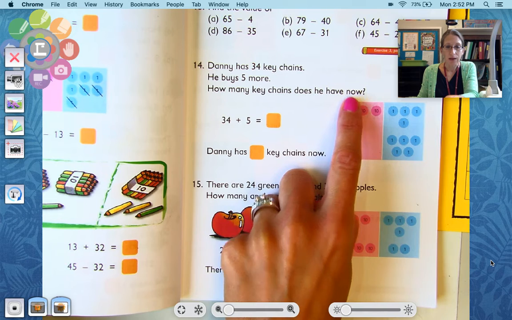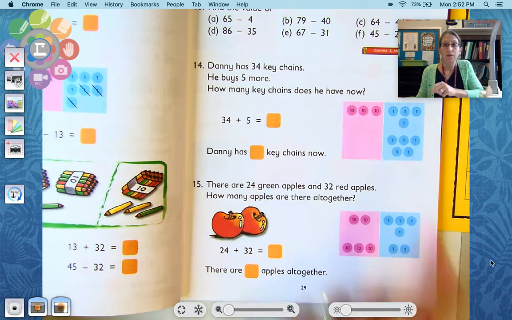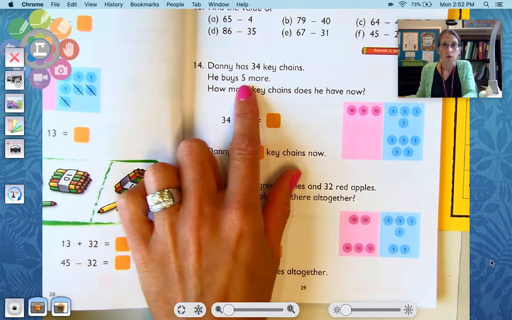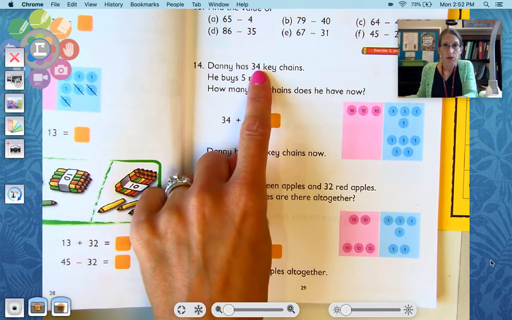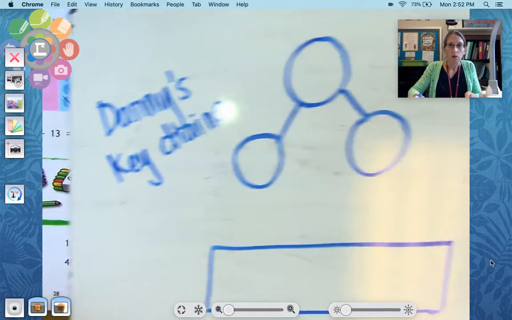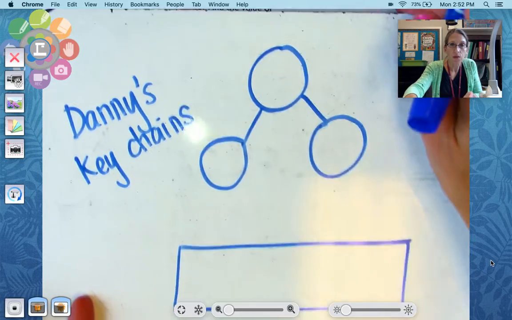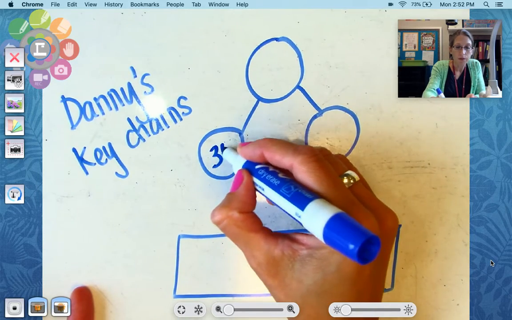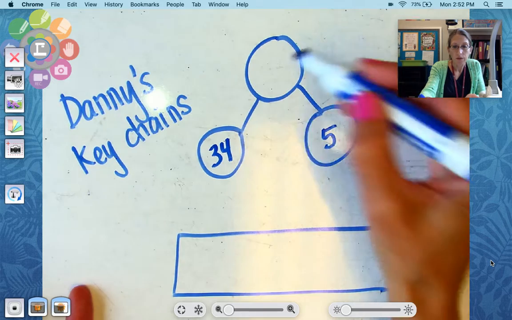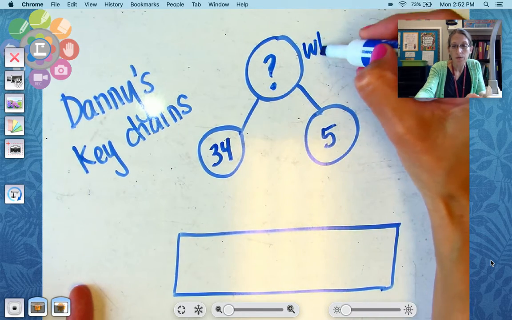Yeah, we have to find it. It says, how many keychains does he have now? So we need to find the whole number. They've given us 2 of the parts. This is how many keychains he had, and then he bought 5 more. So what that would look like is, let's see, he had 34, that's one part, and he bought 5 more, that's another part, and our question mark goes here for our whole number.